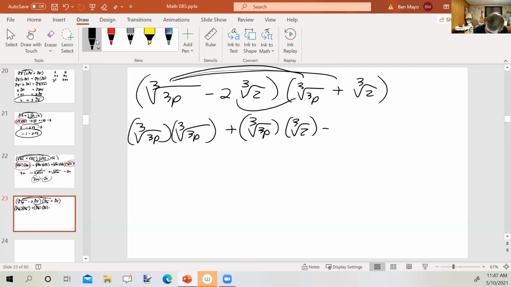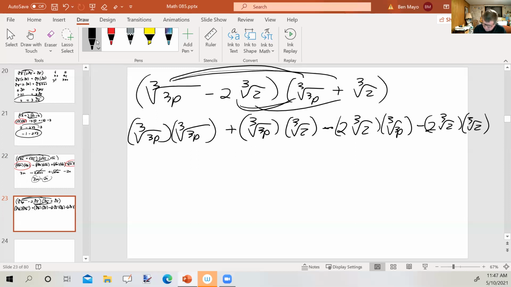Let's see, we've done this one, that one. We're going to get minus 2 cube roots of 2 times the cube root of 3p, and then finally minus 2 cube roots of 2 times the cube root of 2. Okay. Well, let's see.